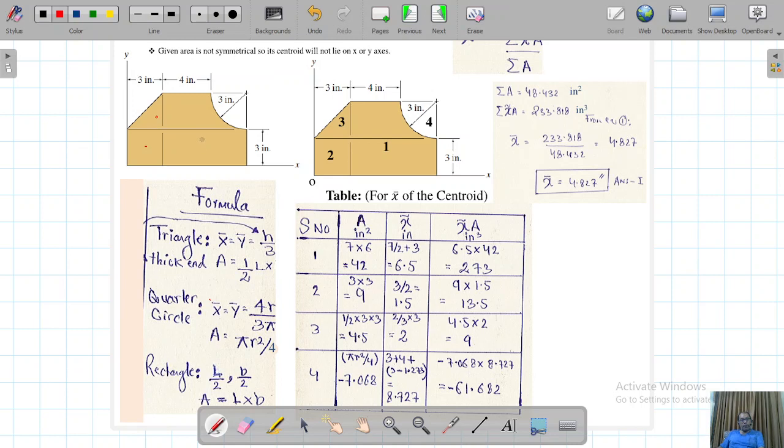Because this is 6 and this is 7, it is somewhere around 3.5 and 3.